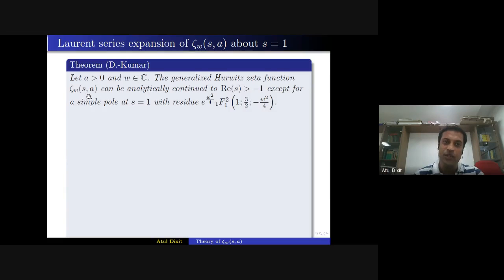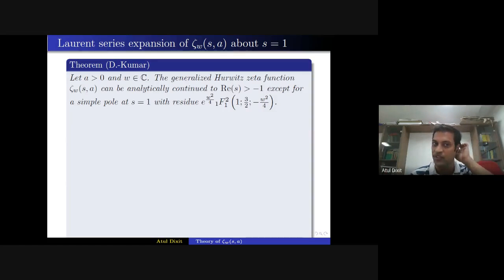So this zeta sub w of s comma a can be analytically continued to real part of s greater than -1, except for a simple pole at s equal to 1. But now see what the residue is. The residue itself is essentially a square of 1F1. And when you put w equal to 0, so that you get the Hurwitz zeta function, this just becomes 1, which is a well-known result, right?